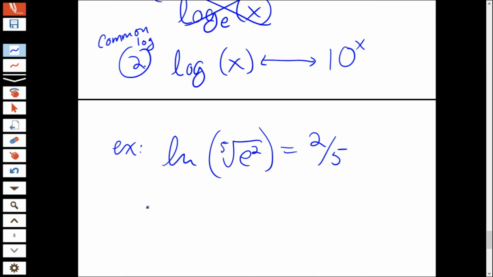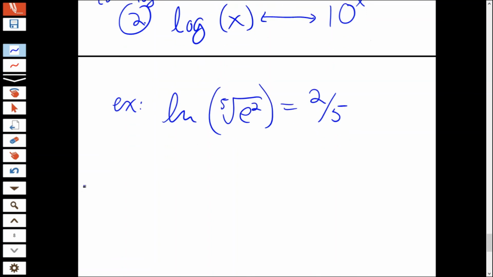And so this brings me to a property of inverses that I think I went over the other day, but we're going to review it again here. And that is that inverses undo each other as long as you're nicely defined.